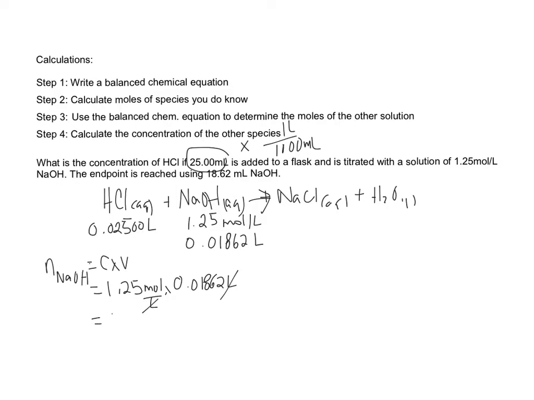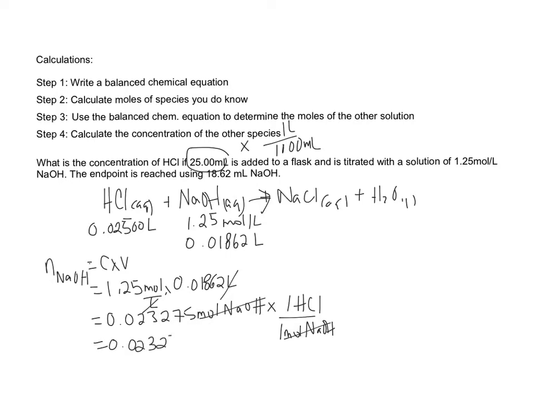So this is 0.02325 moles of NaOH. Convert that to moles of HCl. And now we've got 0.02325 moles of HCl.